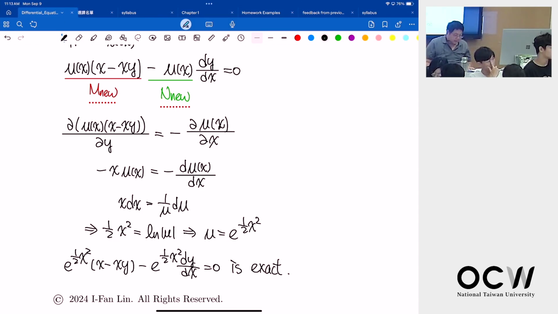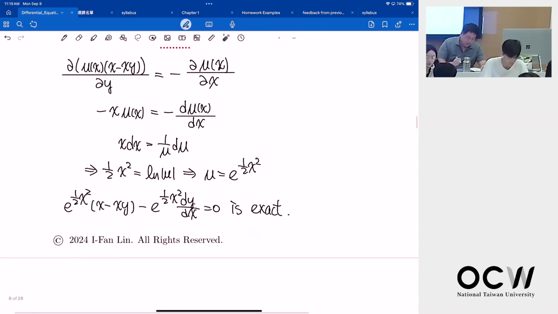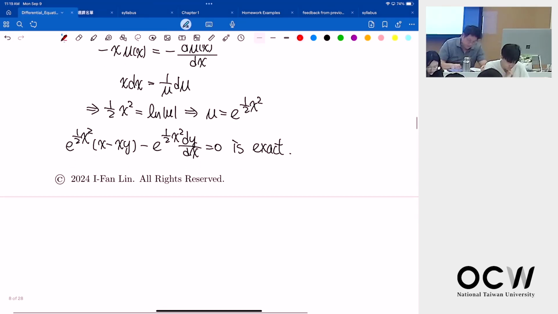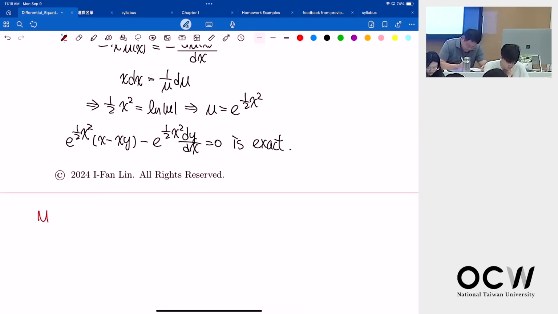Then since it is exact, we need to find the potential function because the potential function will be your answer. Okay, so what is your potential function? What is the new m? Okay, here's the new m. And this is the new n. So let's write it down. Your m new is e to the x squared over 2 times x plus minus xy.